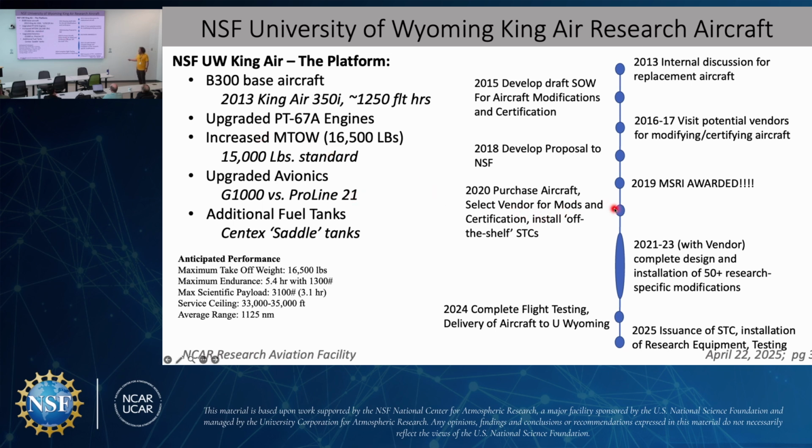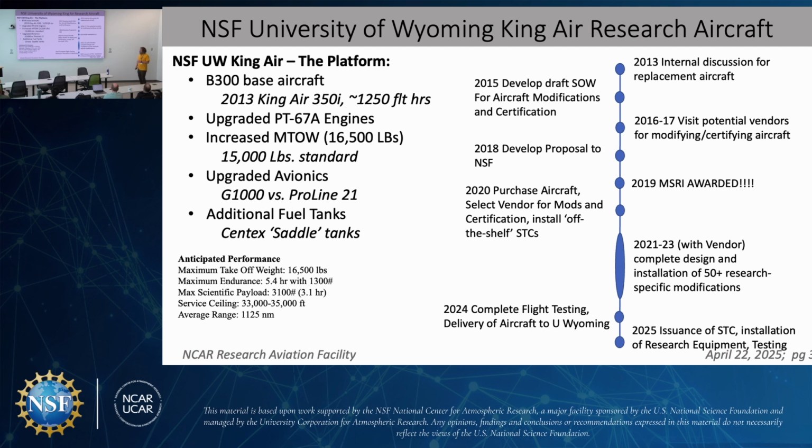For the next 3 years, 2021 through 2023, we worked with the vendor to complete the design and installation. This should read 60 plus research-specific modifications. Those modifications were completed in mid-2024 when we moved the aircraft into flight testing.